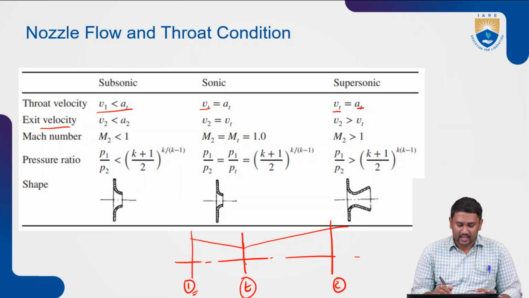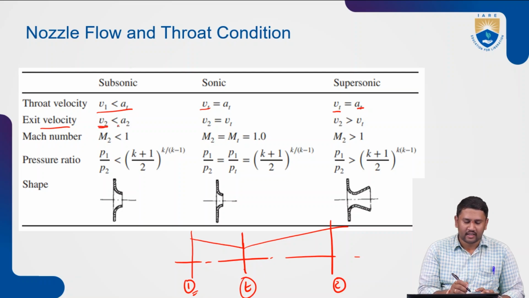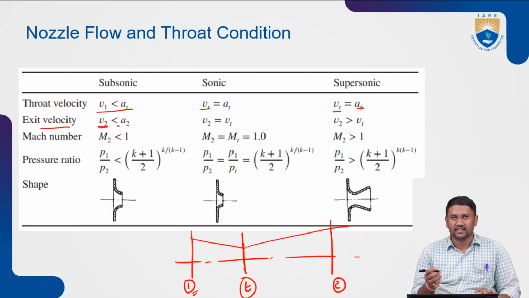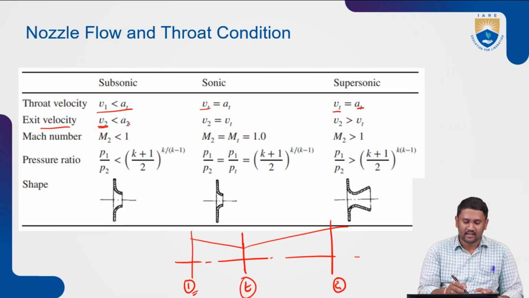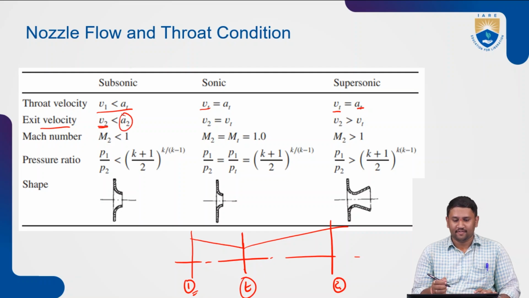Now, at the throat, particularly the exit velocity U2 at the second exit is less than A2, if we are considering only this particular section.